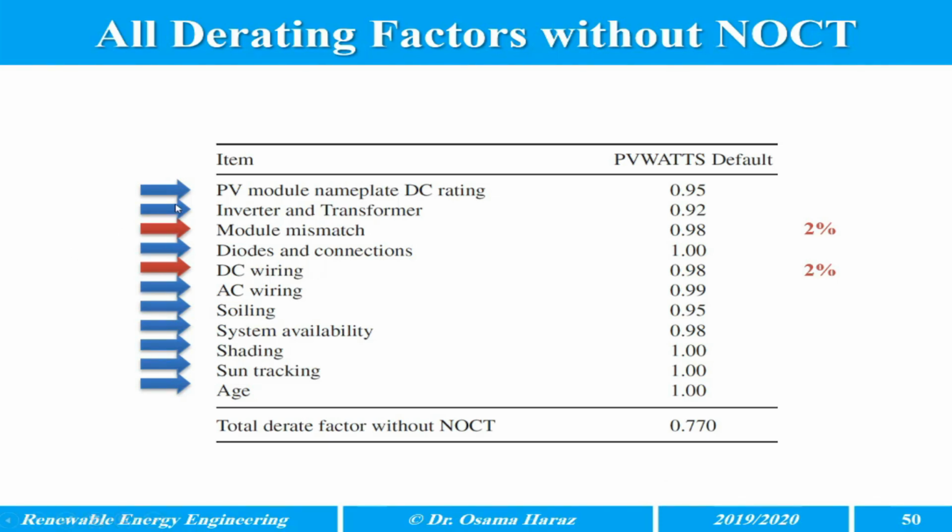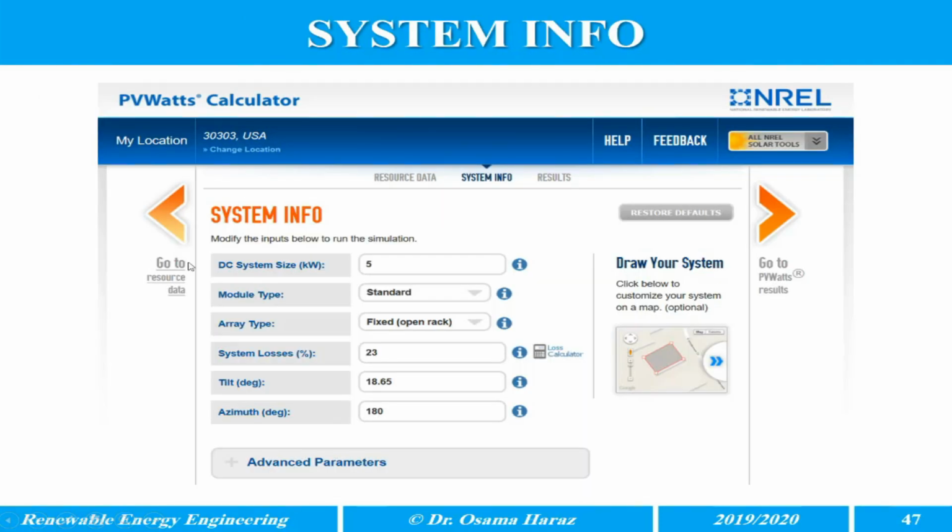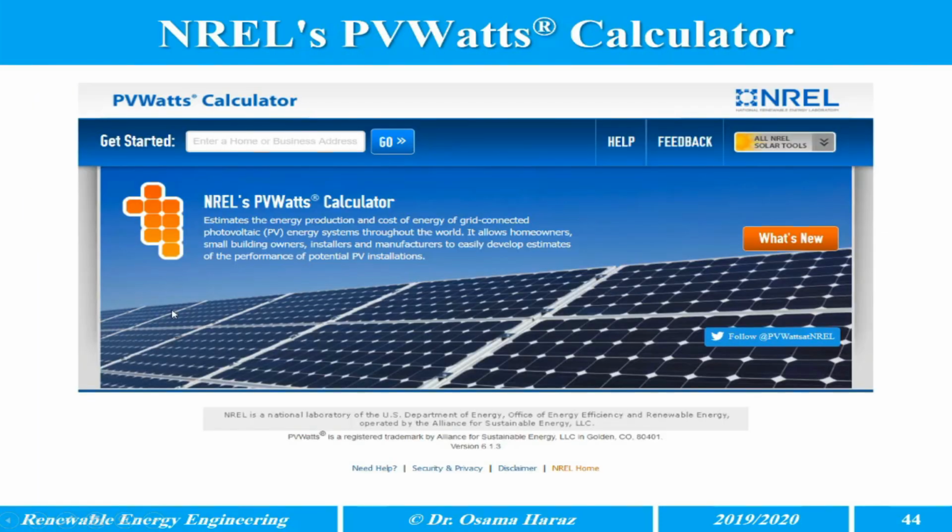And here this table shows different D-rate factors, as we mentioned before, for different systems or different sections or parts of the system. These are the different D-rate factors and the overall D-rate factor. Let's go to the last part of this question.